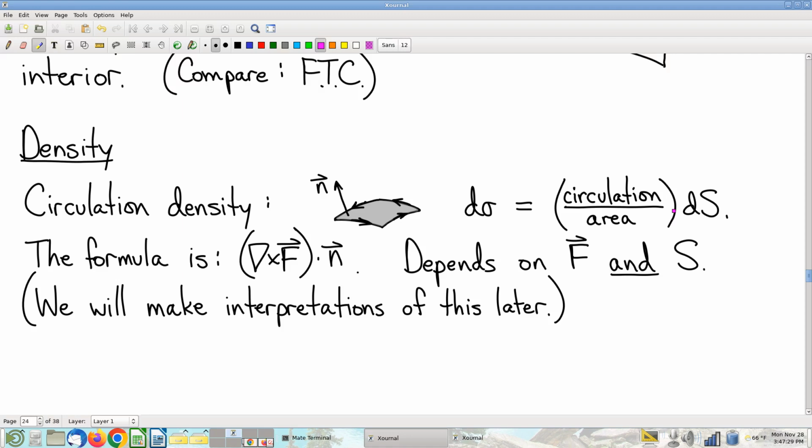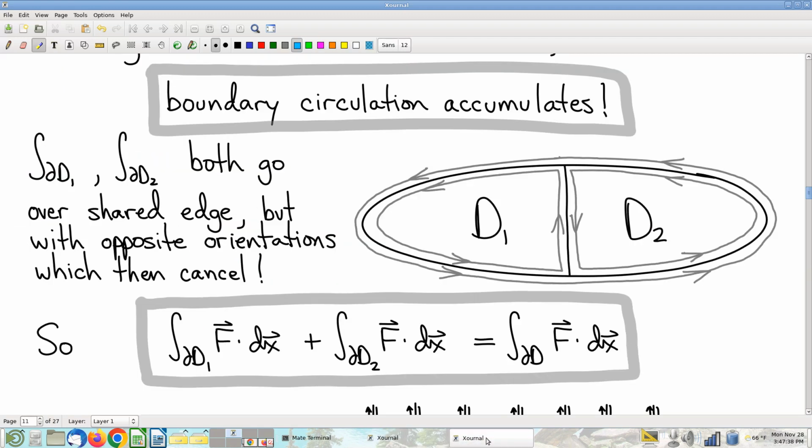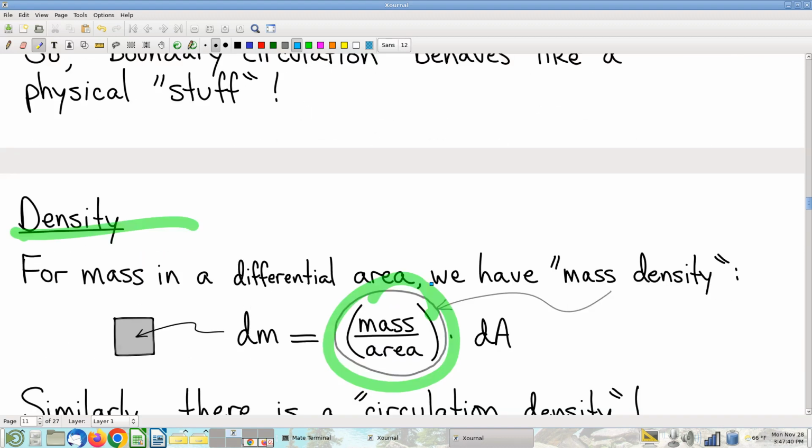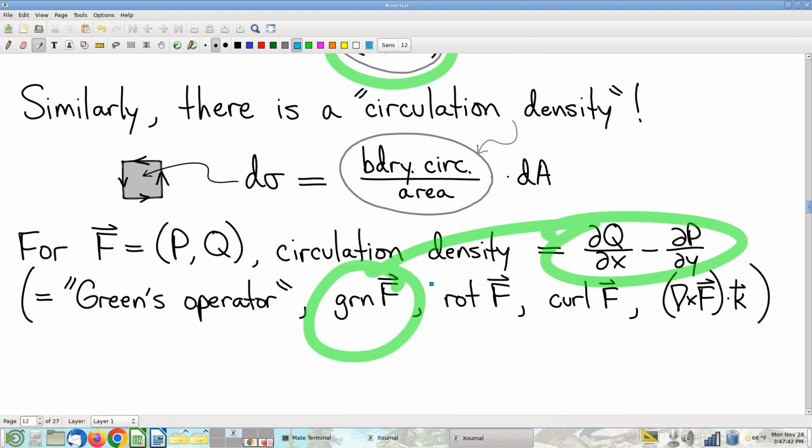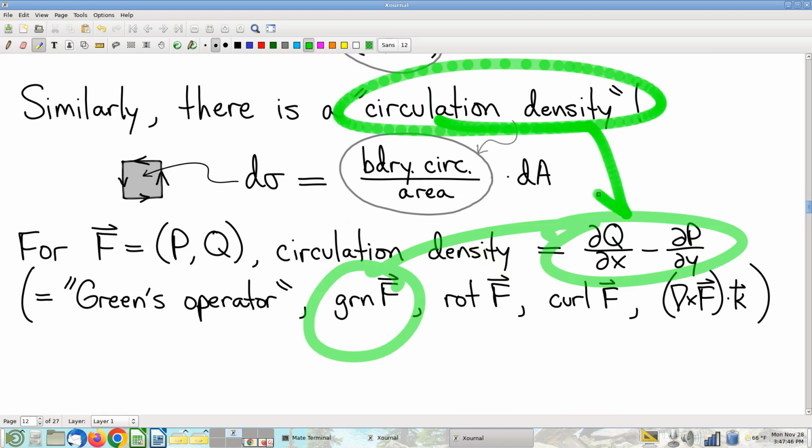All right. Okay, so now there is something weird about this. If you look at this formula for density, let's compare it to the formula we saw with Green's theorem. Here it is, our circulation density for Green's theorem. You'll notice that this Green's theorem circulation density depends only on the vector field.